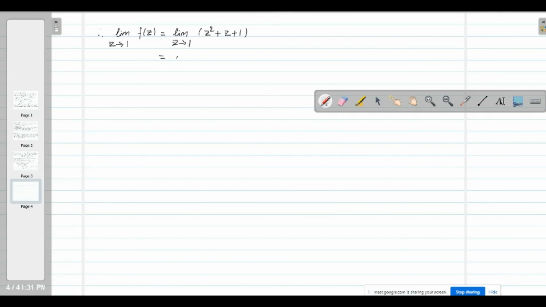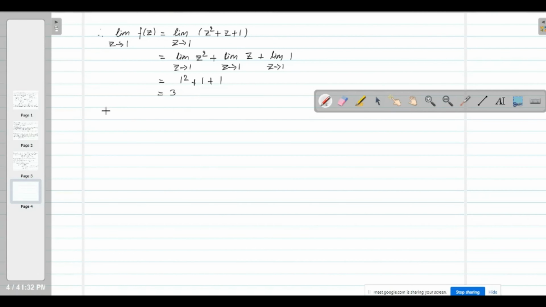Now apply the limit: the limit of z squared plus the limit of z plus the limit of the constant term 1. Just replace the limit here: 1 plus 1 plus 1. So this gives 3.